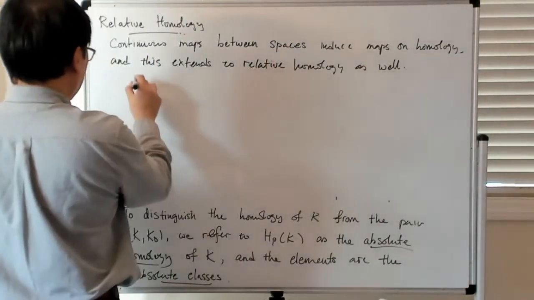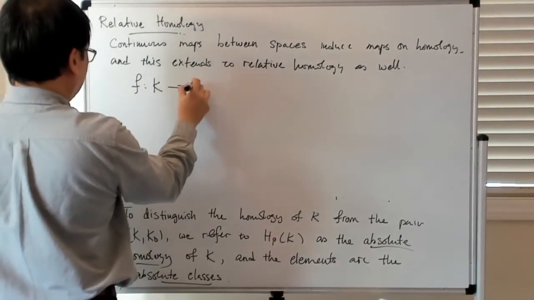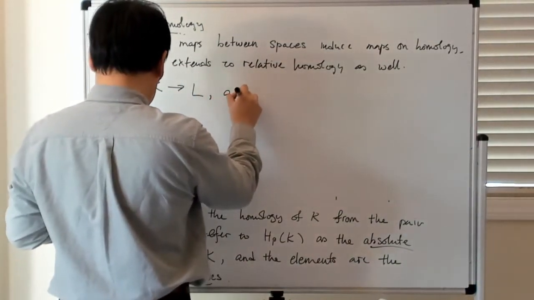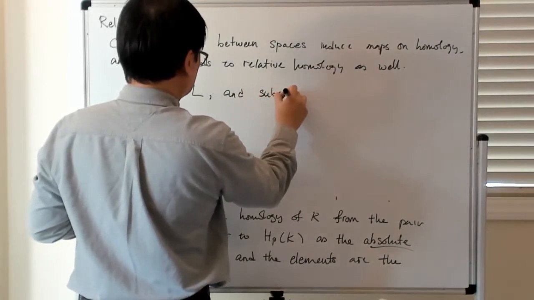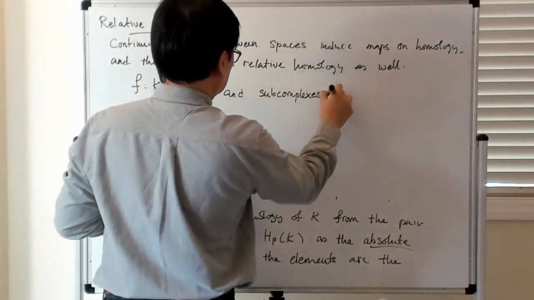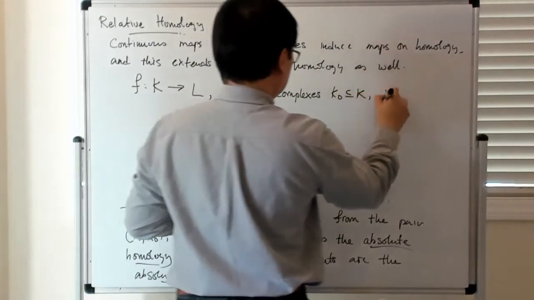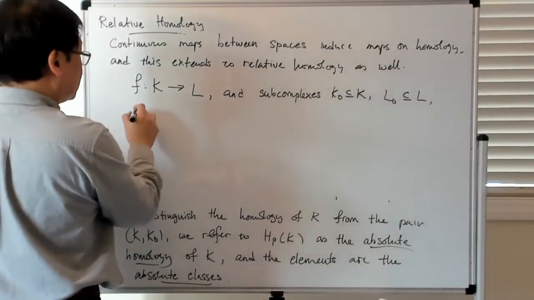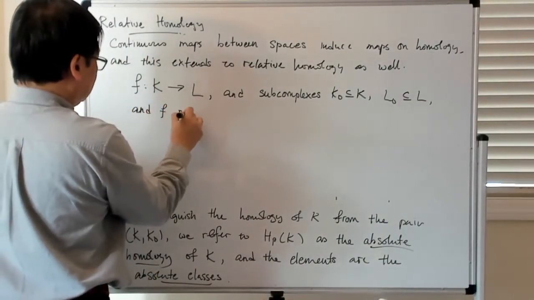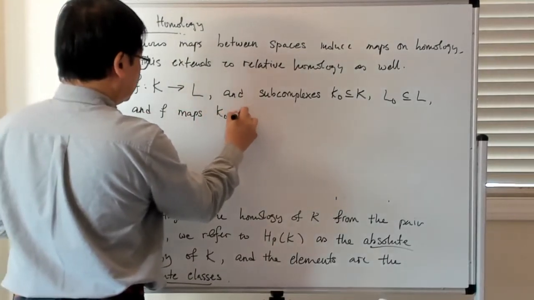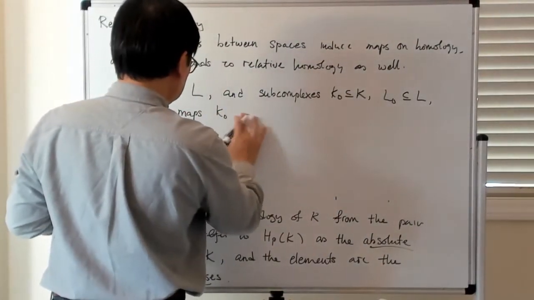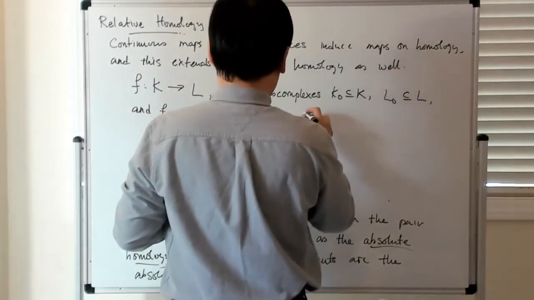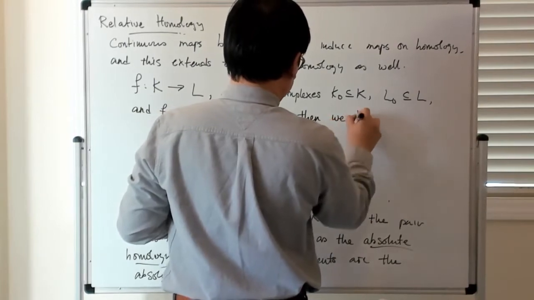So if you have a map F from K to L, where K and L are simplicial complexes with subcomplexes, let's say K0 is contained in K and L0 is contained in L, and F maps K0 into L0, then we have an induced map.